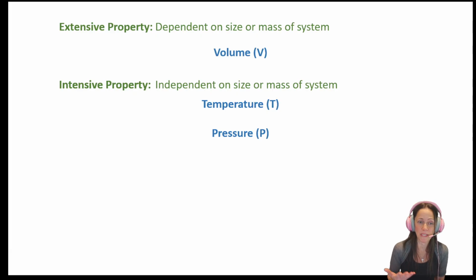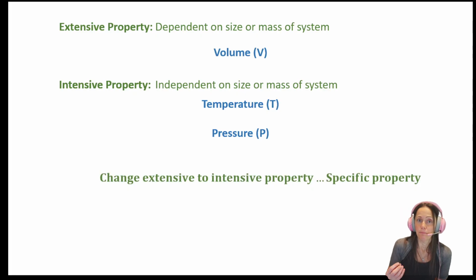Same with the pressure. So it's independent of how big or the mass of that system. Now, we said before that intensive properties are what is needed to fix the state of the system. So it's important to be able to know as many of those as you can.